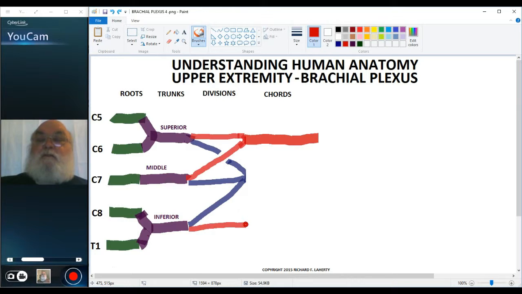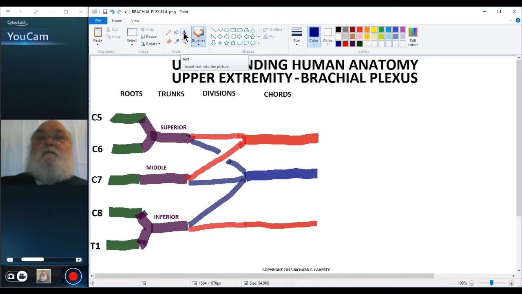The anterior division of the inferior trunk continues forward as the medial cord. The posterior divisions of all 3 trunks combine to form a posterior cord.